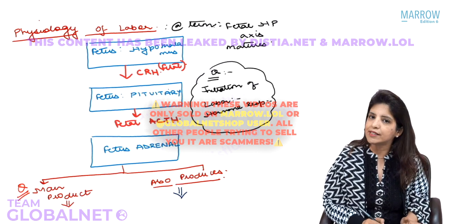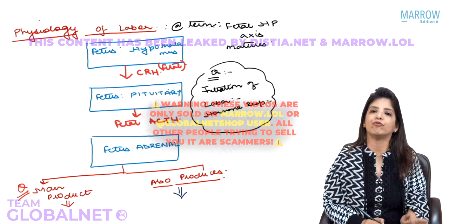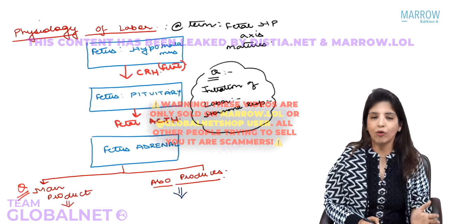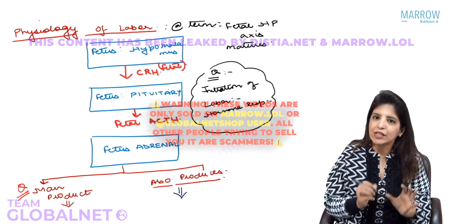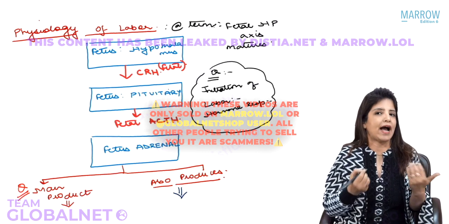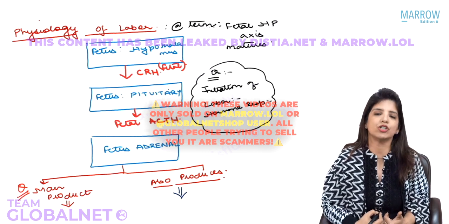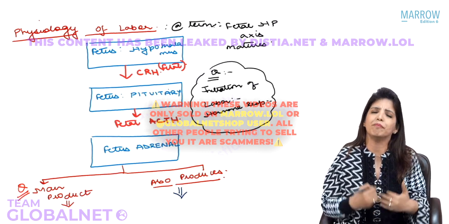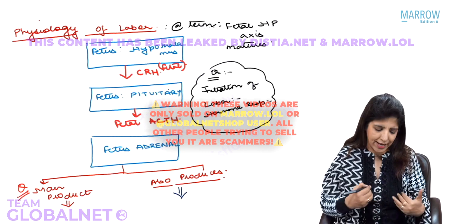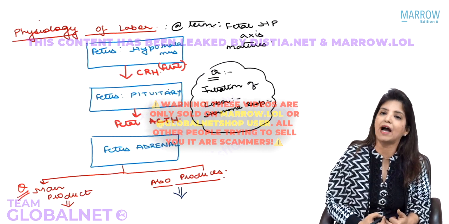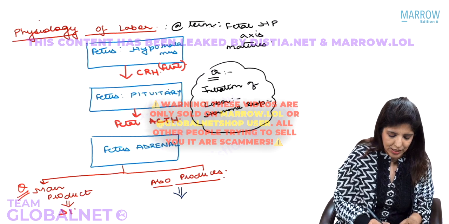Now this fetal ACTH is going to act on the fetal adrenal glands, obviously. Now this fetal adrenal gland, when acted upon by ACTH, is going to produce the main substance, and the main product of the fetal adrenal glands is DHEA sulfate.